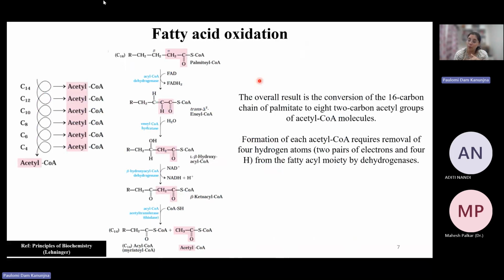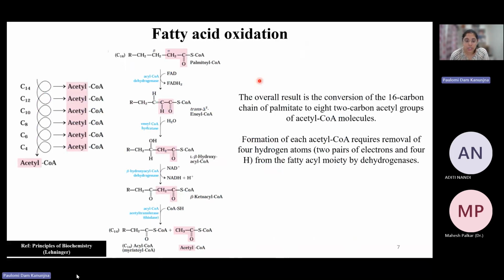The way these are broken down is similar, but there are additional steps for the MUFAs and PUFAs to bring them down to the common intermediate state. We'll see all of this. I'm just giving you a heads up that what we are discussing right now, the first 4 steps or the first breakdown, is for saturated fatty acids, which means they only have single bonds. Right? Okay.